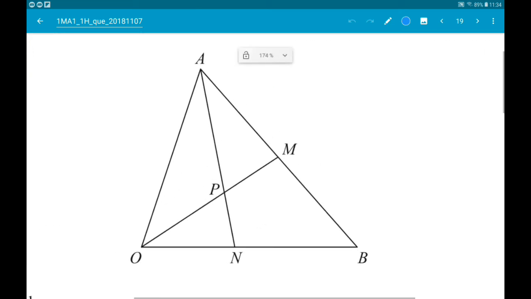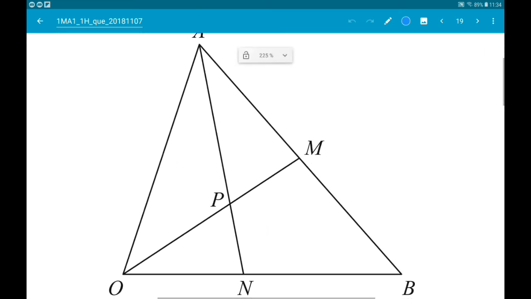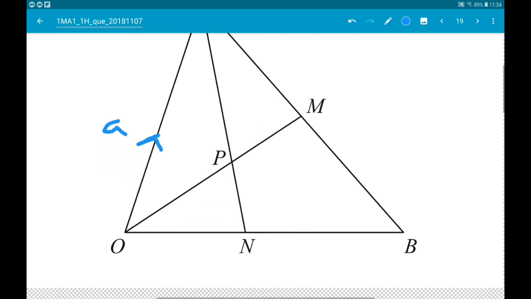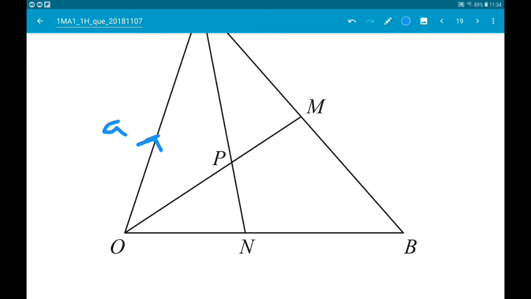So, first of all, get the info on here that we know. So we know O to A is little a, and we know O to P is little b.